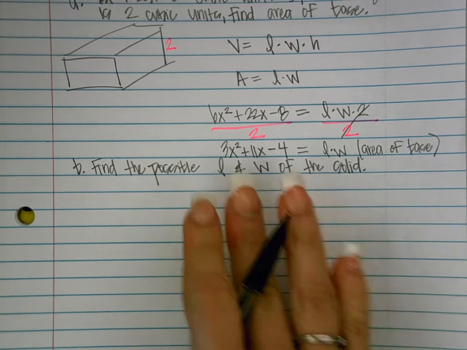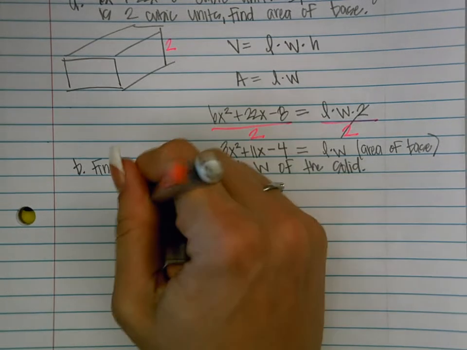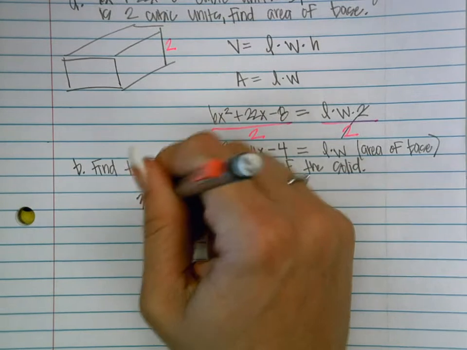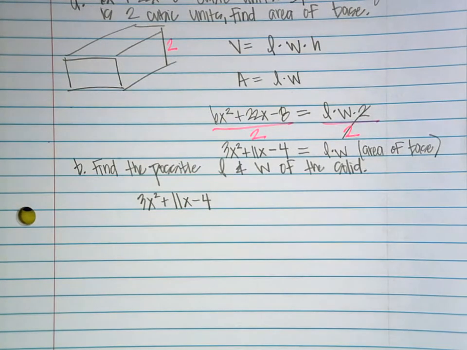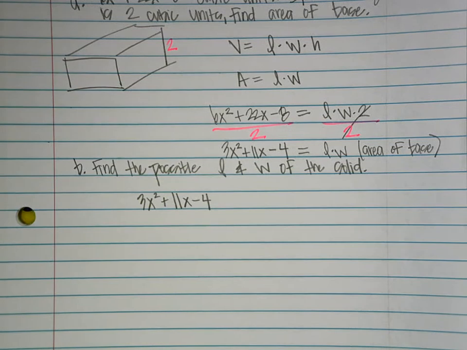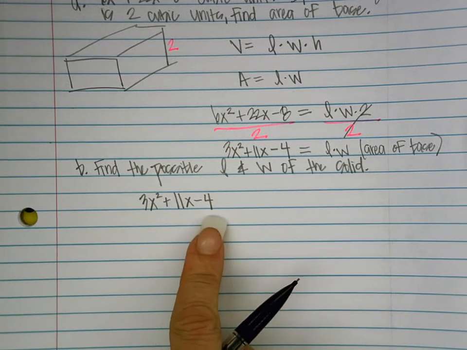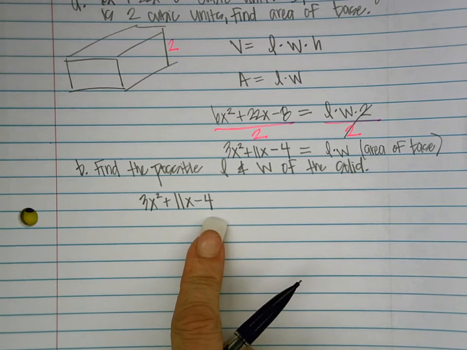So if I know that the area is 3x squared plus 11x minus 4, how do I find the possible length and width? Factor. That's what we've been doing. Exactly. Factor this. This is what we've been doing all day.